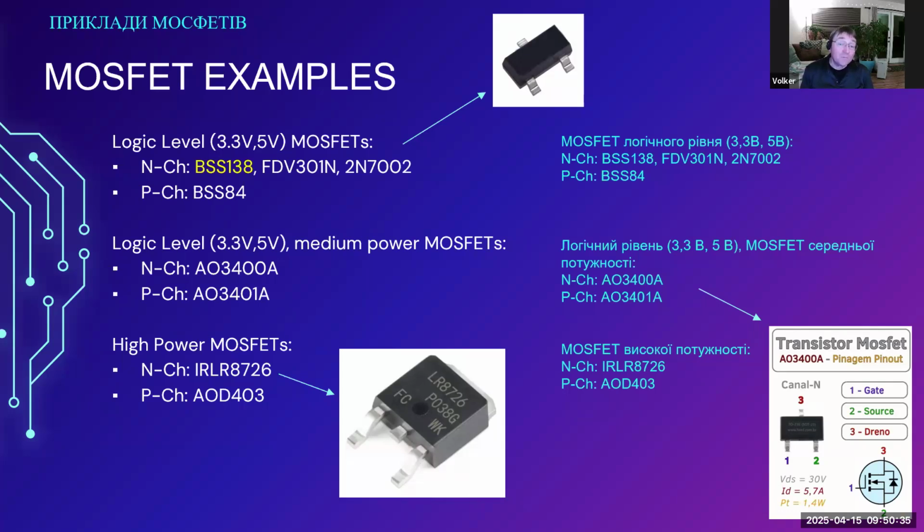All of these have the same package and the same pinout. So you could replace them if you're doing a board layout, and if one doesn't work out, the FDV 301 and there are a number of very low gate threshold voltage MOSFETs.